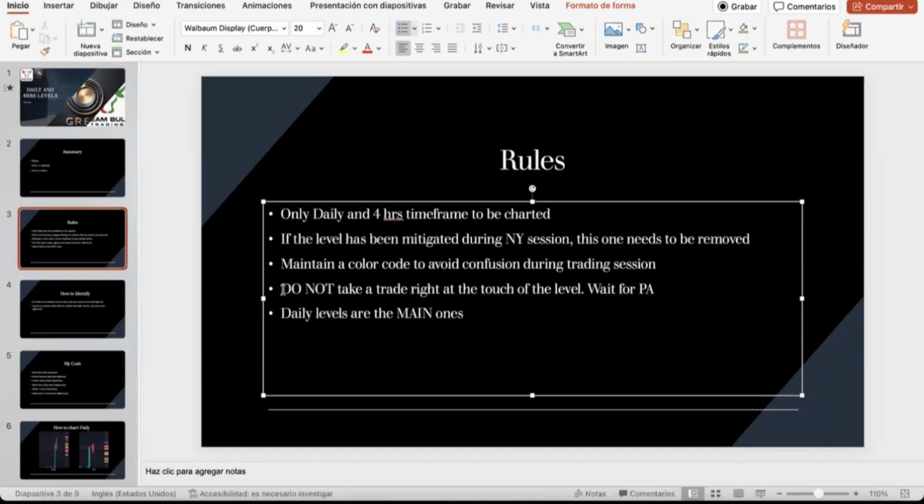Okay, this is another important rule. Do not take a trade right at the touch of the level. Basically, levels are used for me to see price action, because I know it's an important point when the price is approaching those levels.